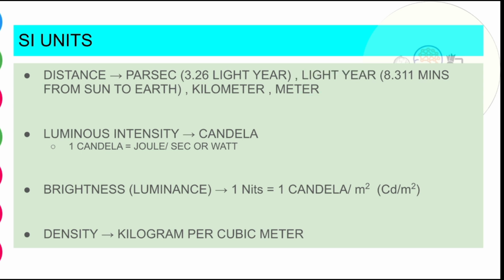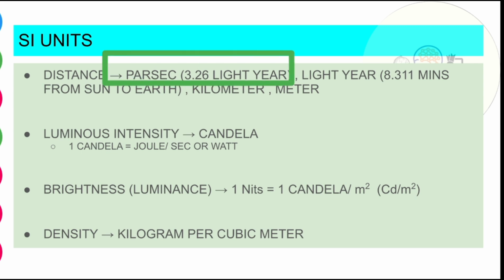Light year is basically the distance light travels in 1 year. Like 1 earth year, which is 365 days, how much distance light can travel, that is considered as light year. And above light year there is a distance which is greater than the light year, that is parsec. That parsec is equal to 3.26 light years. Parsec is 3.26 light years.